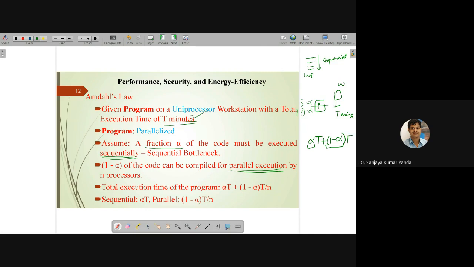But if it can be executed in parallel and you have n processors, this time can be divided by n, right? So alpha into t is for sequential, and 1 minus alpha is for parallel. Here I divided by n because we consider n number of processors, right? Sequential is alpha t, parallel is (1 minus alpha) t by n.